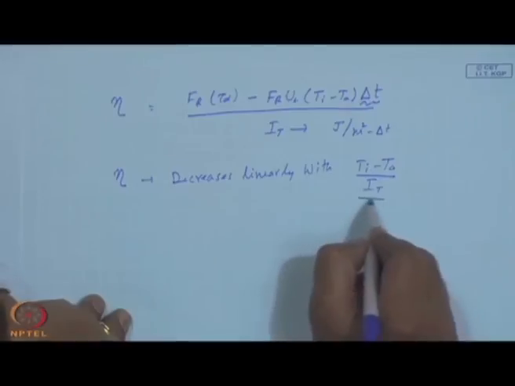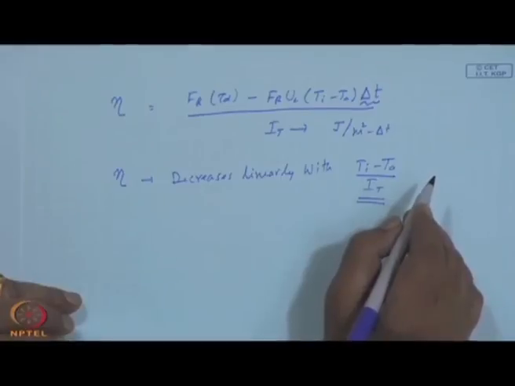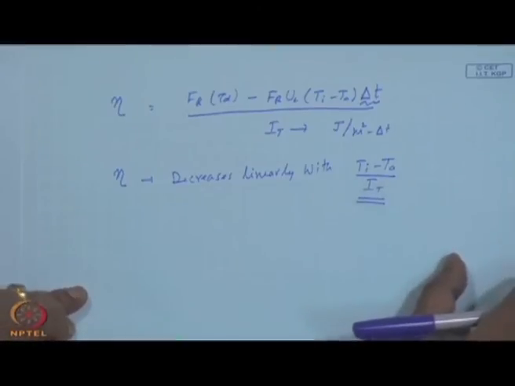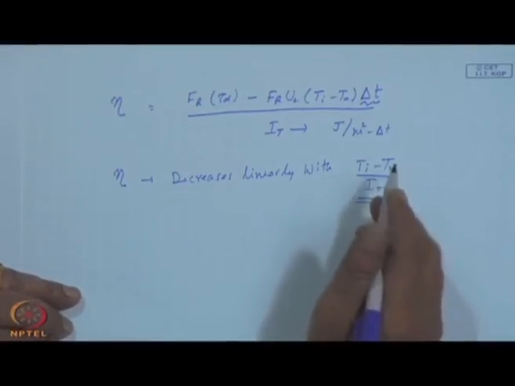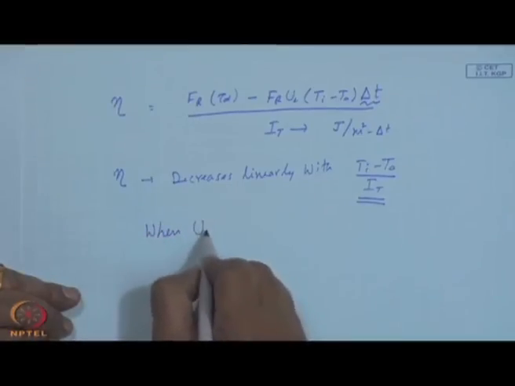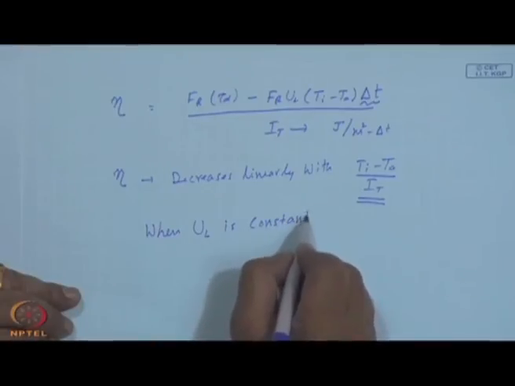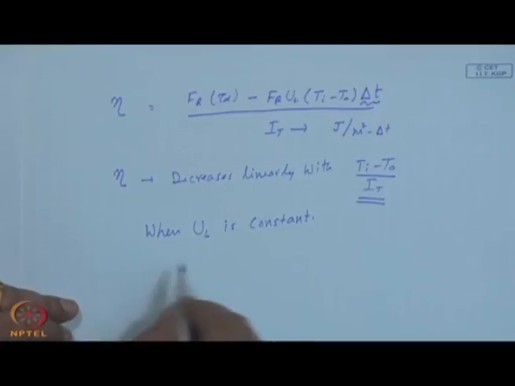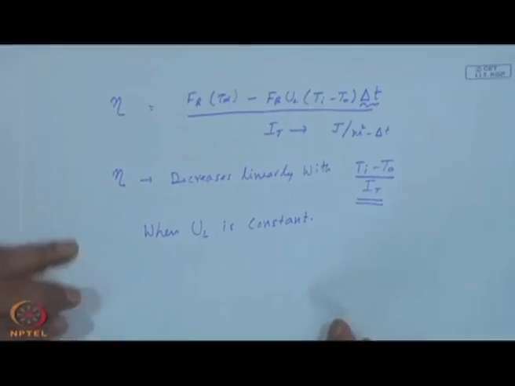Then if the incoming radiation is high, the losses will be a small part of the incoming radiation, so my efficiency should be higher. So, this seems to be a good parameter, which of course, the equations gave. Of course, this is true when U_L is constant. So, eta decreases with the parameter (T_I minus T_A) upon I_T linearly if the overall loss coefficient is small.